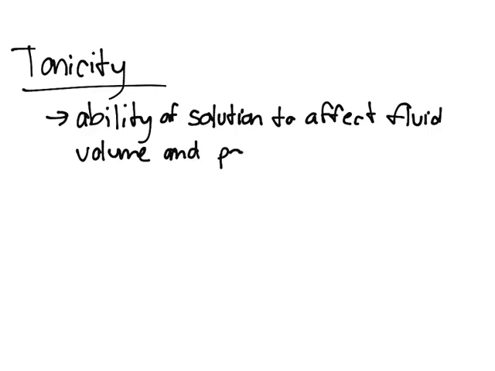And so what do I mean by that? Well, there are three types of solutions. So that means there are three types of solutions that you could put the cell in.